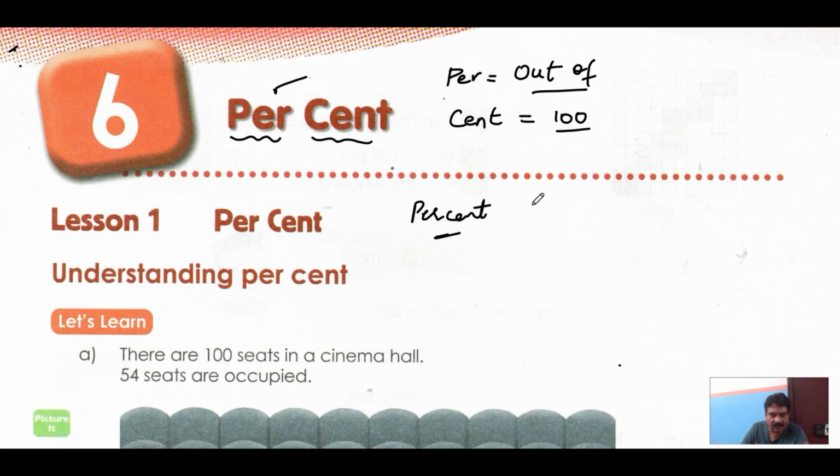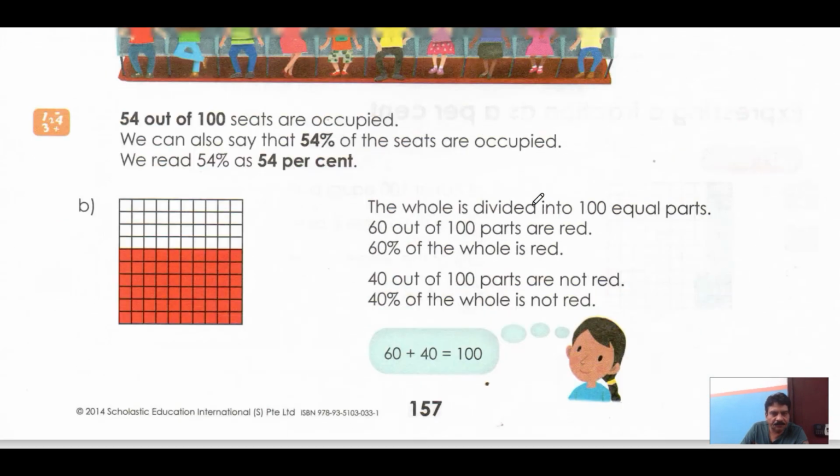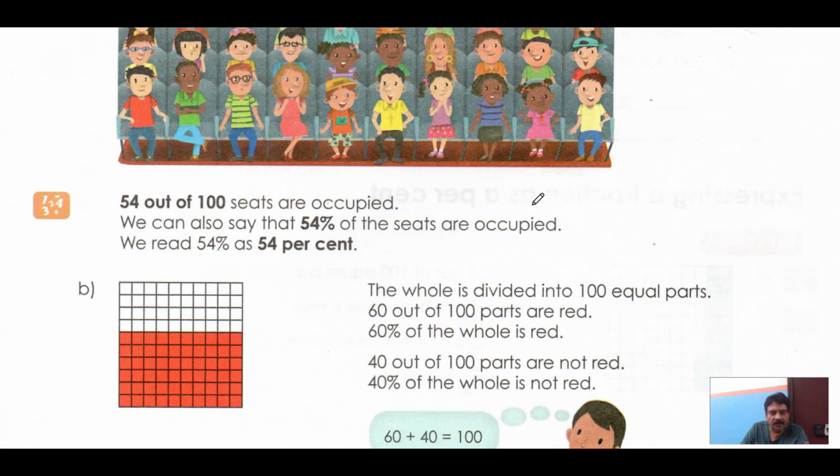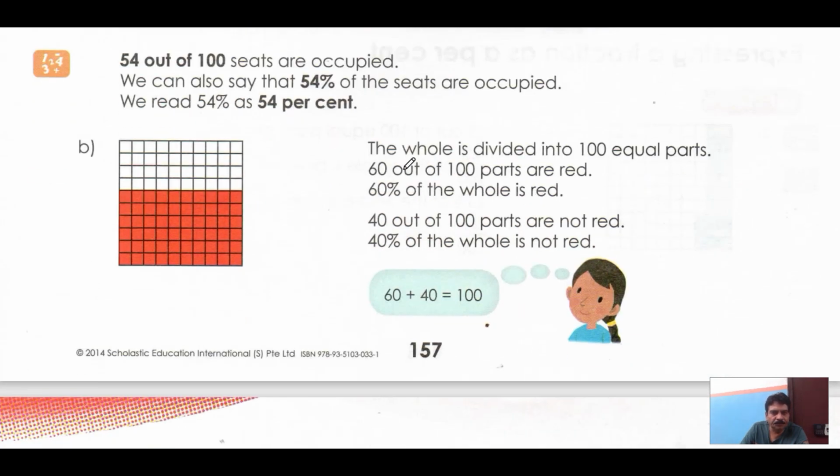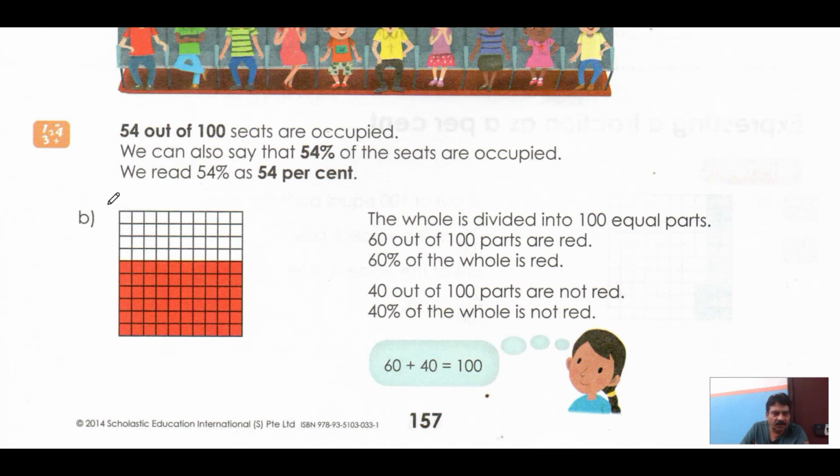Let's come back to the topic here in your textbook. This is the topic, right, in question B. Now you see you have 100 boxes here, meaning out of 100, 60 boxes are colored with orange or say red color. Now the total boxes left unshaded or uncolored are 40, right?